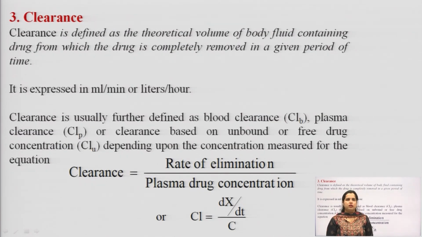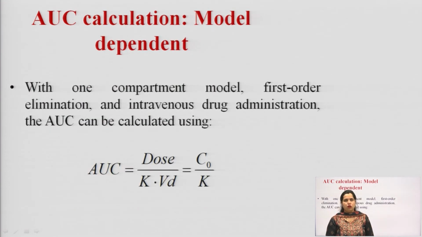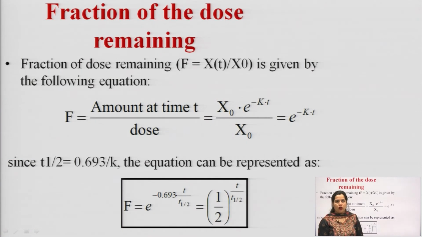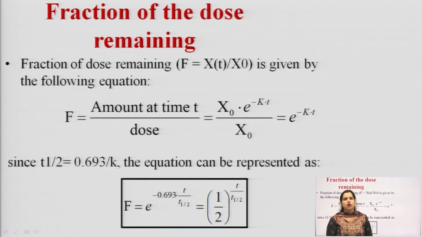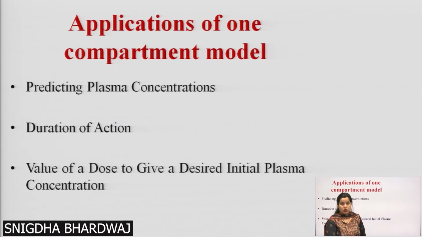Clearance: basically blood clearance, unbound drug concentration clearance, plasma clearance. These are all terms which can be calculated using these formulas and model dependent approaches using the trapezoidal rule. I have discussed in detail how to calculate using the individual trapezoids to calculate total AUCs, and also the fraction of the dose remaining, the concentration, and applications.